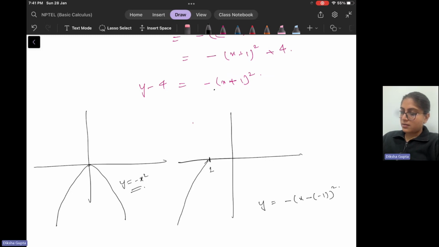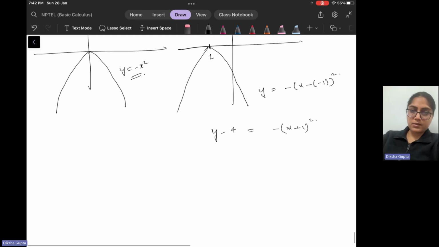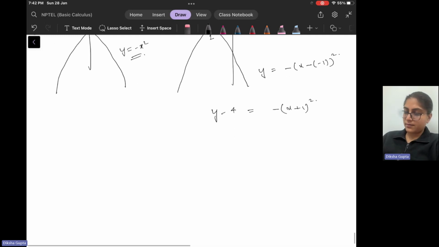So this is the graph of y equals minus (x plus 1) square. Now further you have to make a change in y, and that here is y minus 4 equals minus (x plus 1) square. So this k is positive, so it will shift the graph upwards, 4 units upwards.